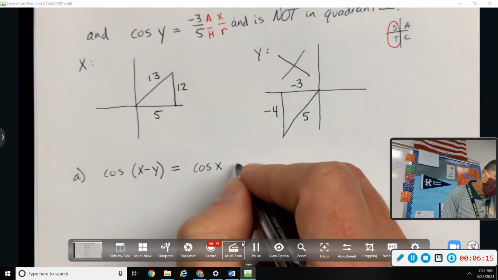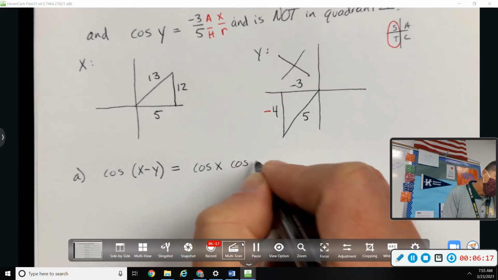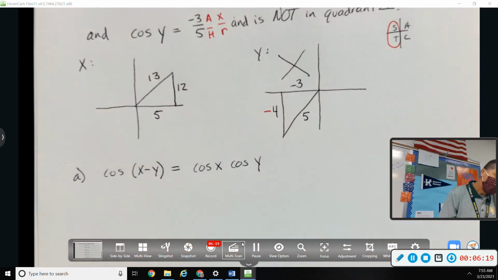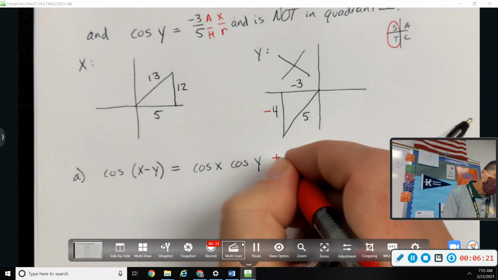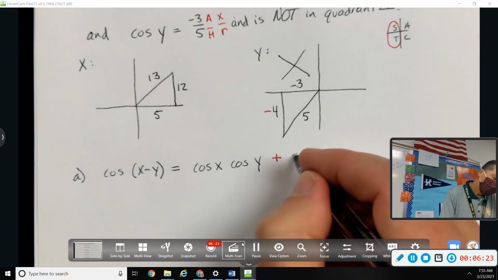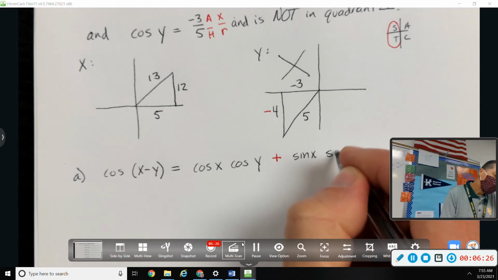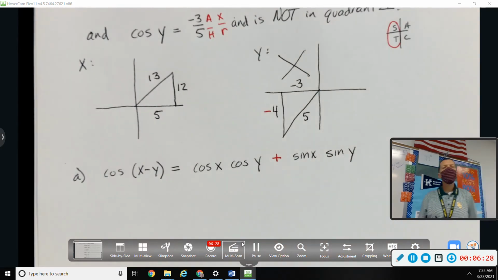The cosine one is the one that does cosine x, cosine y, and then the sign is different, so plus sine x, sine of y. So write that formula out. Don't try to substitute and do the formula all at the same time. That's too much going on. That's when people mess up.